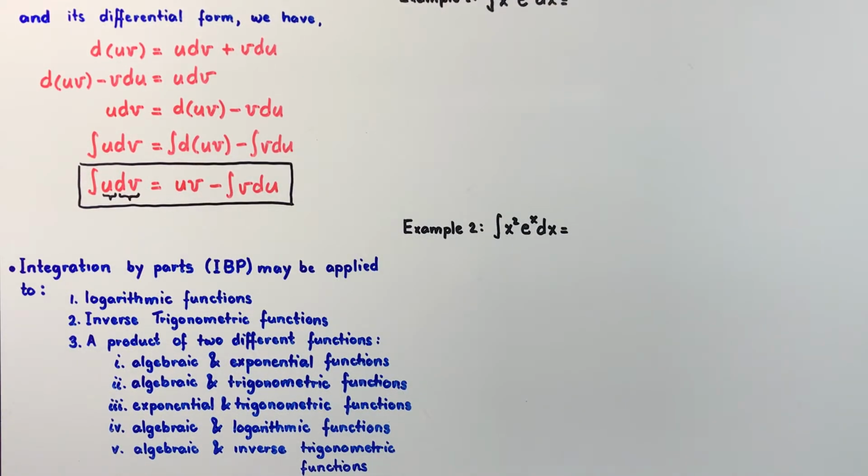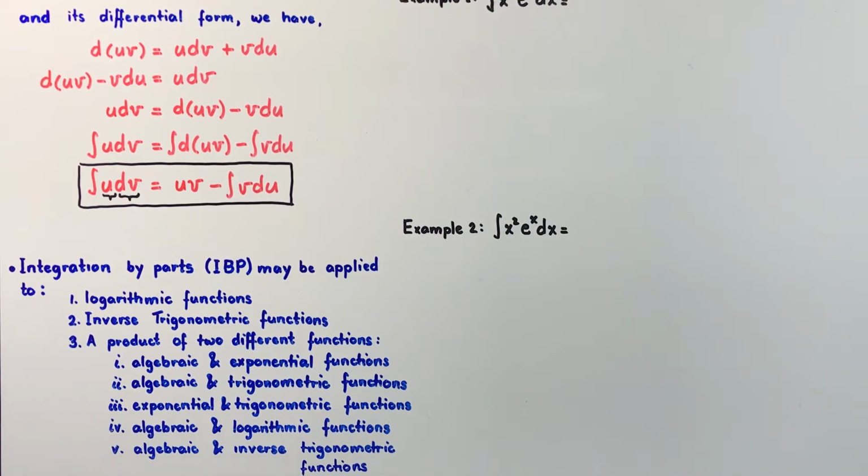Now, when do we use integration by parts? We use integration by parts when we are integrating a logarithmic function, or when we are integrating an inverse trigonometric function or a product of two different functions.